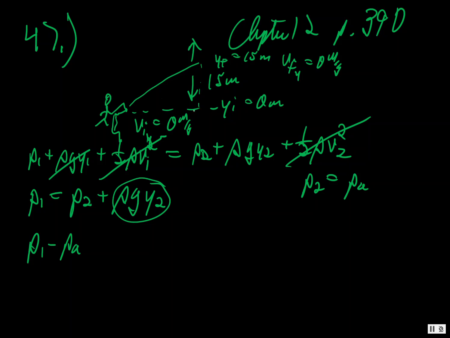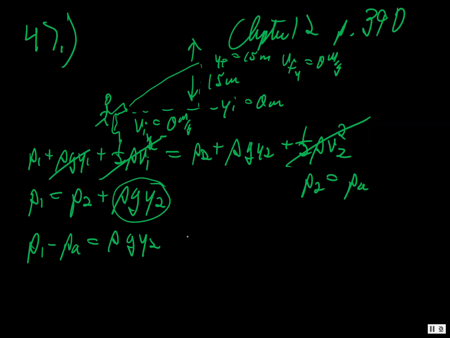At surface level, which is 0 meters, that's atmospheric pressure. So atmospheric pressure minus absolute pressure is gauge pressure, okay? Is equal to what? Rho g y2. So this right here gives us gauge pressure.